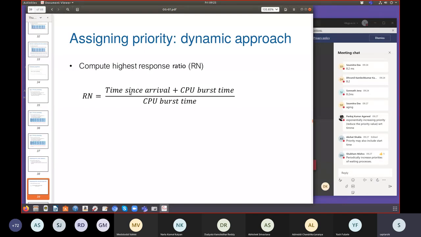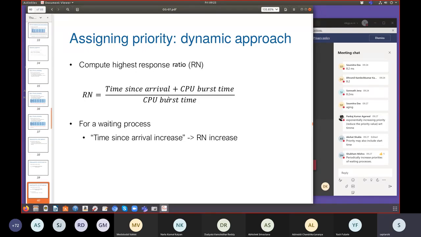But the new factor which comes in is this time since arrival. Right? So for a waiting process, if the time since arrival increases, then this Rn value increases. This is what some of you are also pointing out, that if a process is having to wait for a long time, we should be considerate towards it. We should increase its priority.